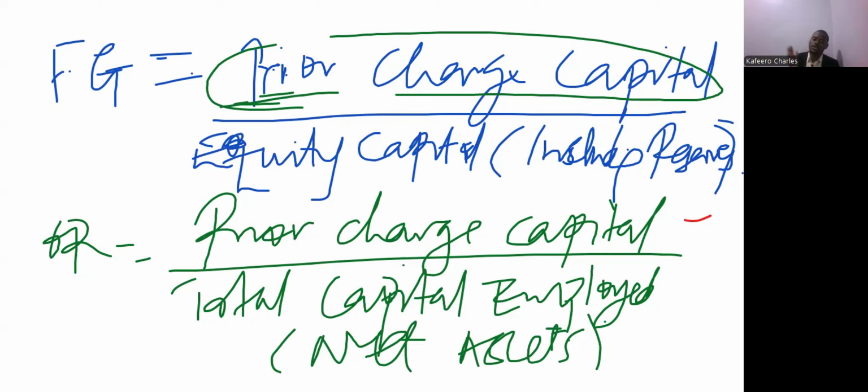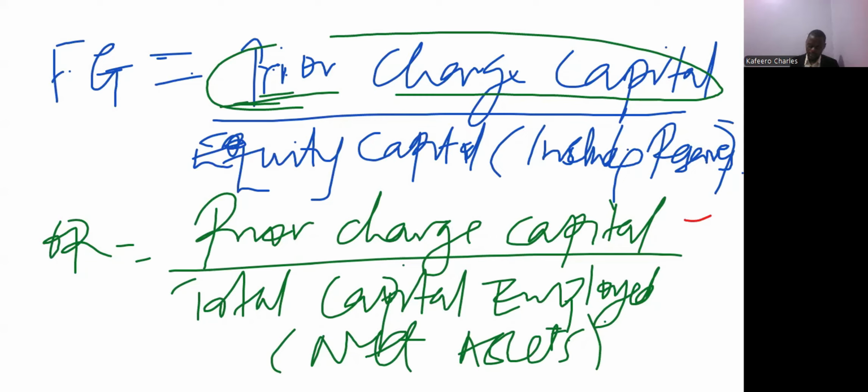There is no way you are going to pay the shareholders minus paying those debt holders. You first clear the debt component, and then the shareholders will take what has remained after clearing all the liabilities that were there. So most of the times, if you have companies that are winding up, they are going to be paid according to their claim to the prior charge capital.